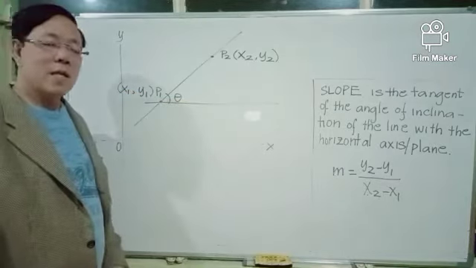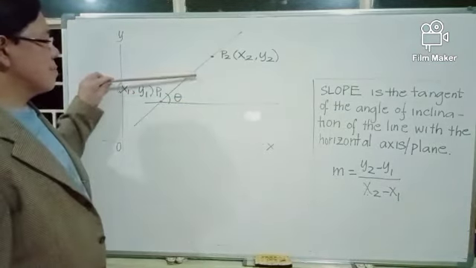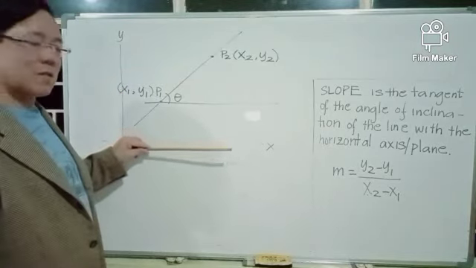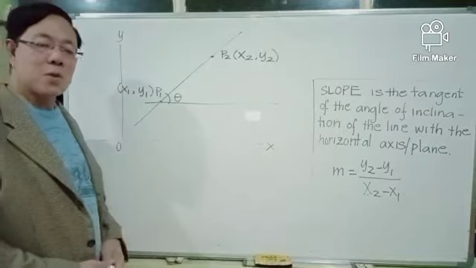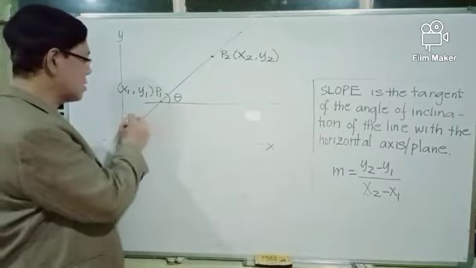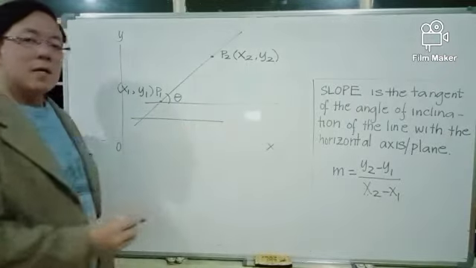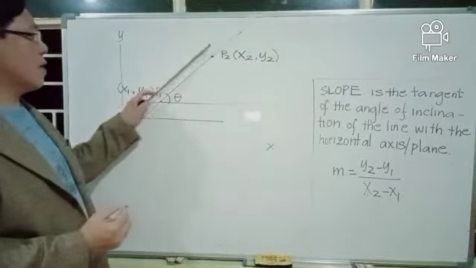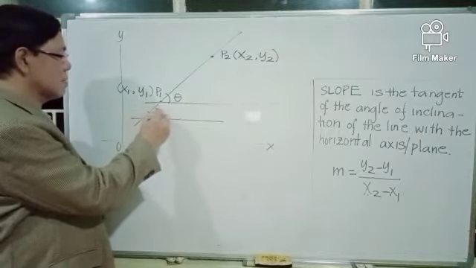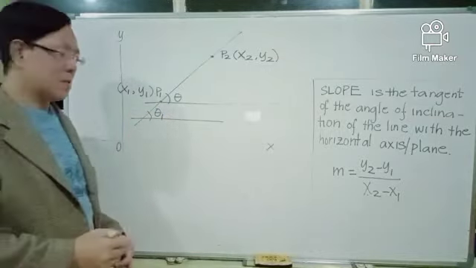You can draw any line through the given line parallel with the horizontal axis. Suppose, instead of this line, you draw this line. And the angle of inclination of this line will be this angle. Suppose this is angle theta 1.